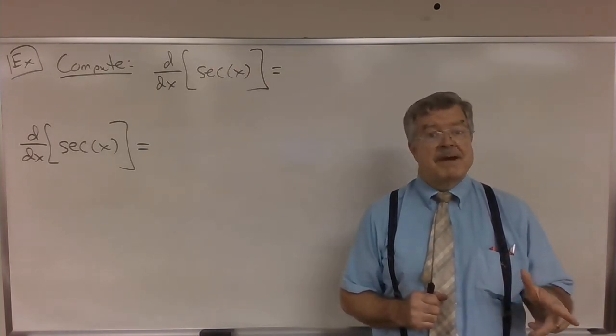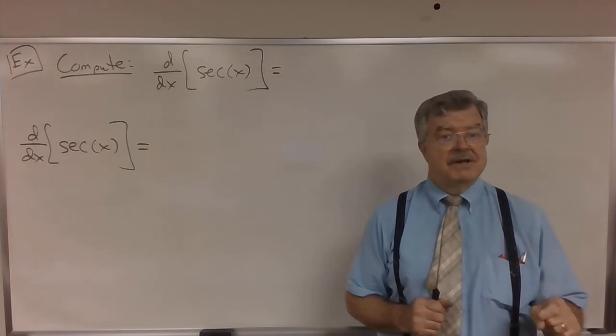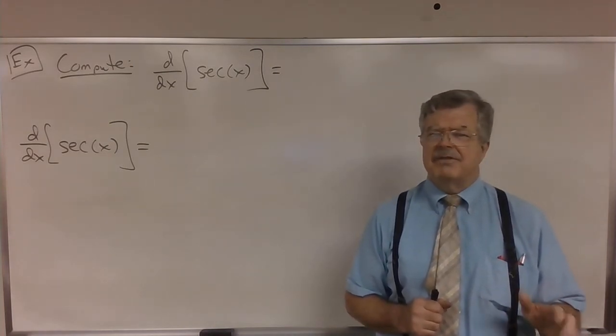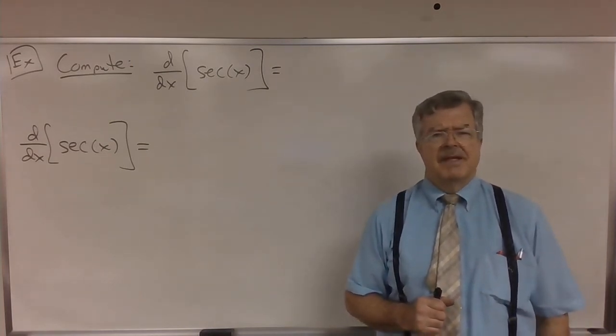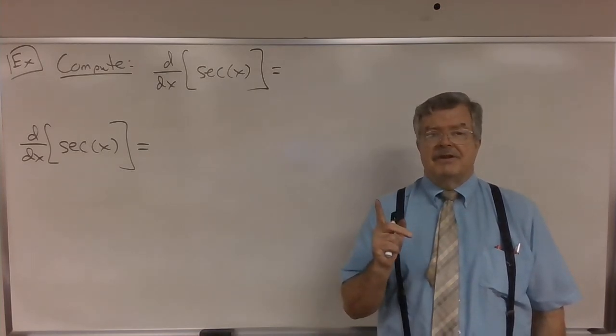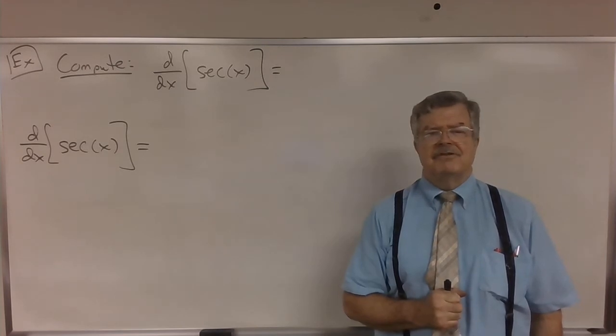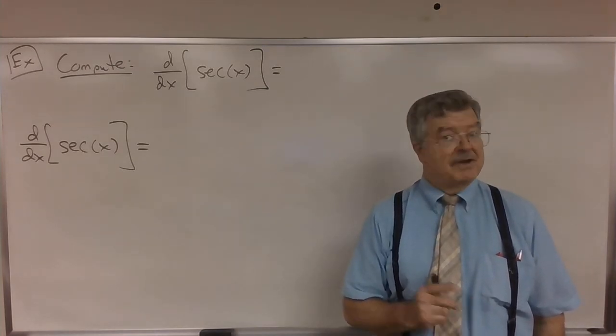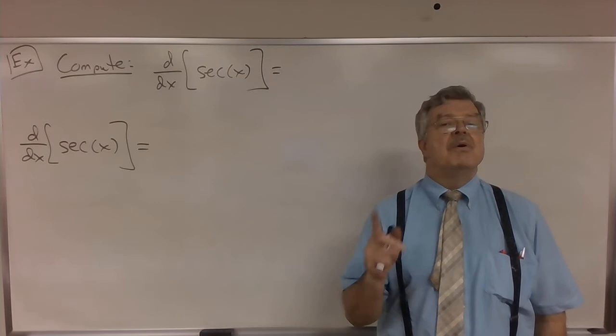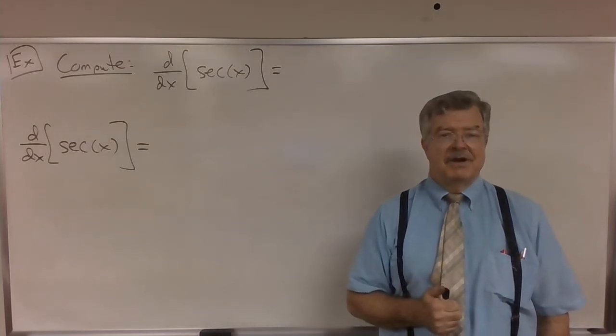I know something about sines and cosines when it comes to derivatives, but I don't know anything about tangent x. And so we reasoned, let's rewrite tangent x in terms of functions that we're more familiar with, sine and cosine. We know the derivatives of sine and cosine.